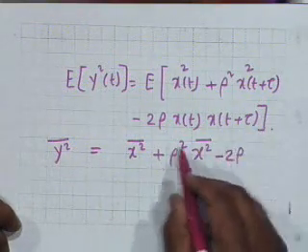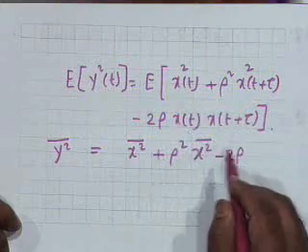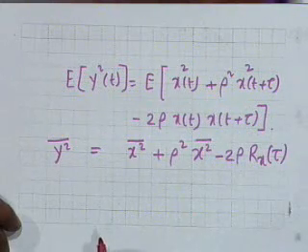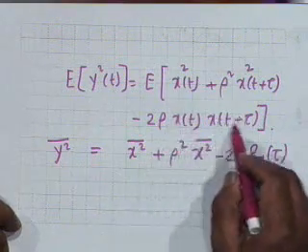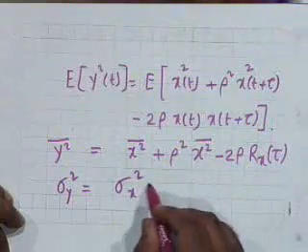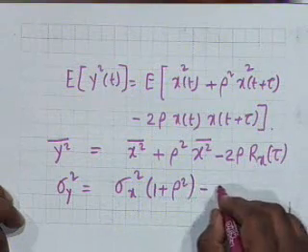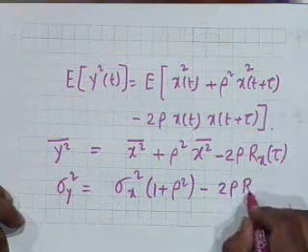Minus twice rho. What is the expected value of this? Obviously, this is Rx of tau. Isn't that right? The expected value of the product x of t and x of t plus tau is the autocorrelation function, and therefore, because it is a zero mean process, we can write sigma y squared equal to sigma x squared times 1 plus rho squared, minus twice rho Rx of tau.